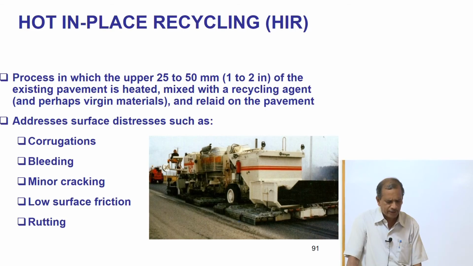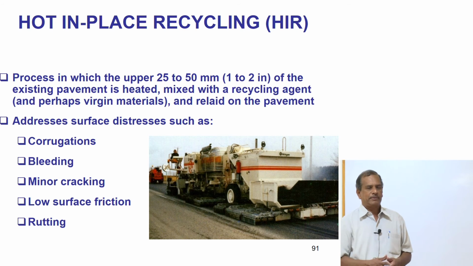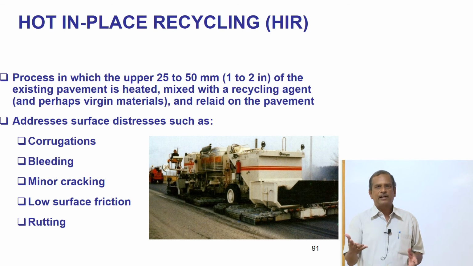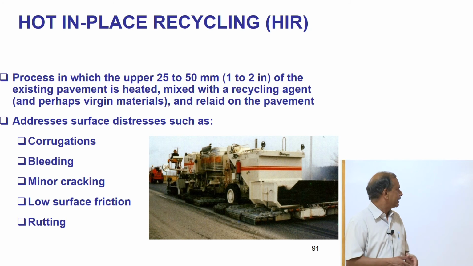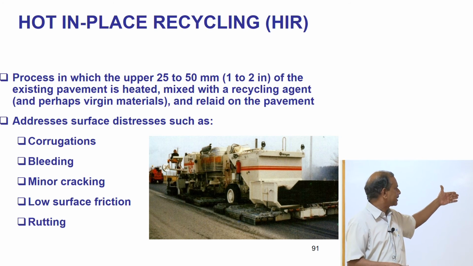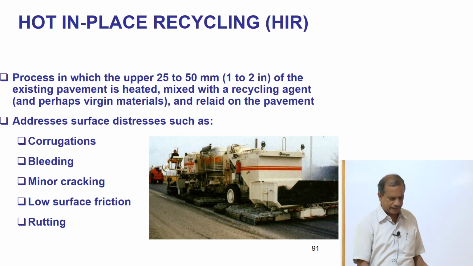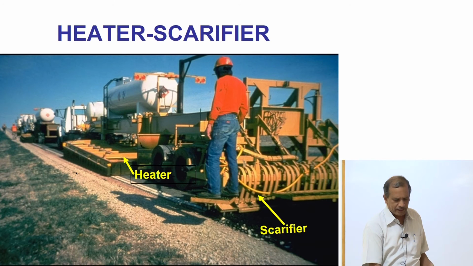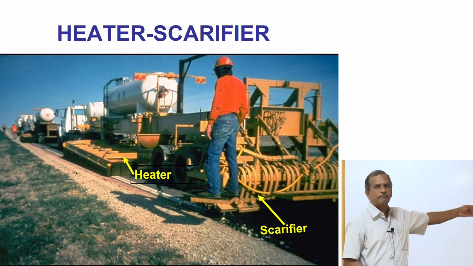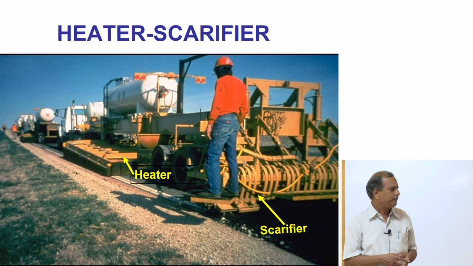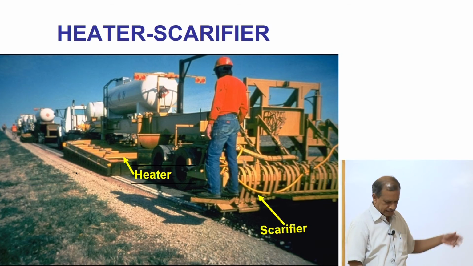The other way by which we can do this is hot in place recycling. The second technology that we are adopting today is this: when the surface has got corrugations, bleeding, minor cracking, low friction, low rutting, I try to heat the layers. I can heat the layers, I can scarify the material.